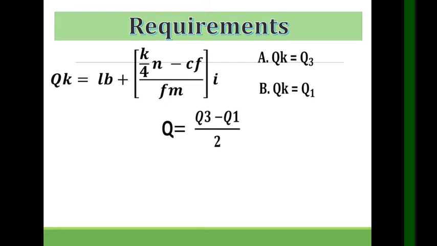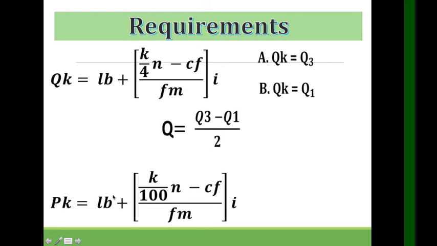So in short, we need to solve first the quartile 3 and quartile 1 so that we can get the quartile deviation with the formula Q3 minus Q1 over 2. For the Pk, percentile, lower boundary plus k divided by 100 times N minus CF over Fm times i, wherein Pk is equal to P10 and P90.